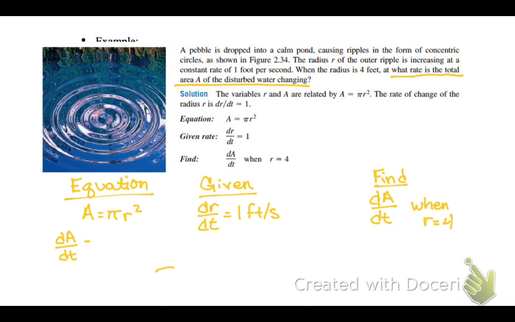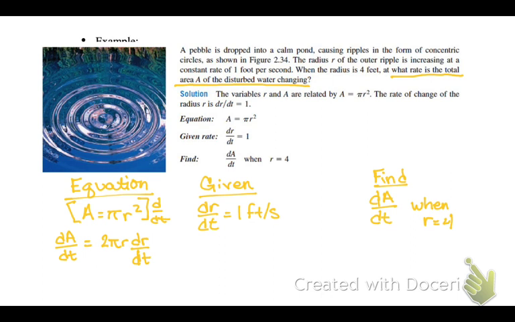And pi is a number, a constant, right? It's a coefficient. Okay. So I get 2 pi r dr/dt. So I found the derivative.